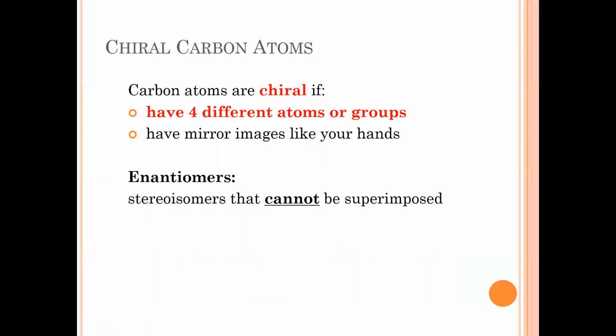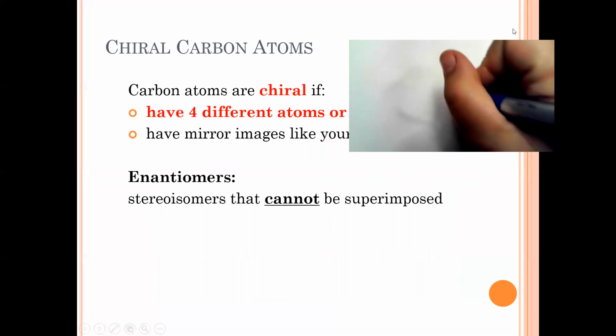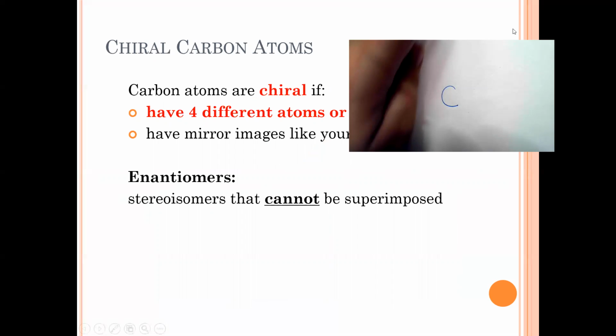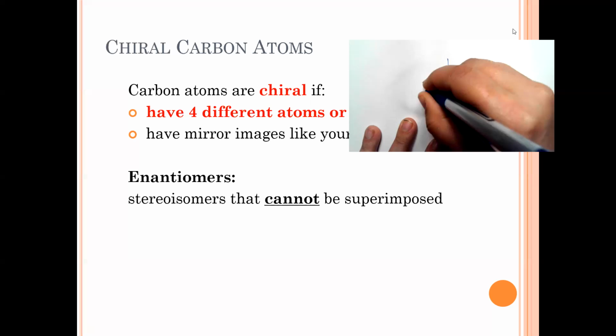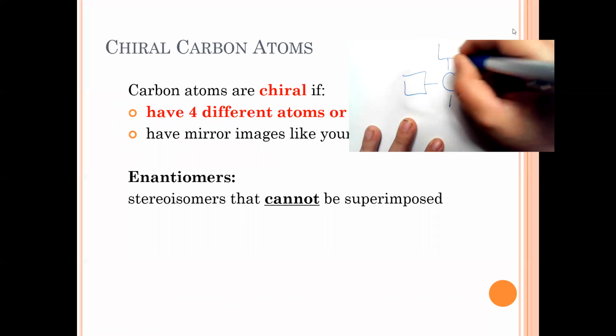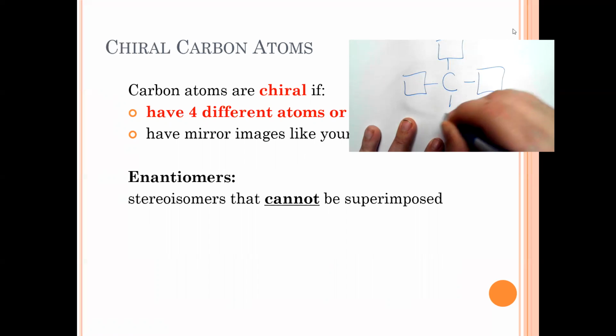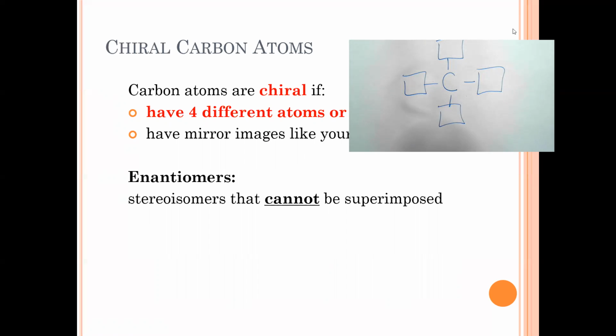So what it means to be chiral is actually really simple. Chiral just means that you have a carbon with 4 different atoms or groups attached to it. So if we look at that carbon in the center, here's my carbon. I'm going to draw them right here. To be chiral just means that you have 4 different things. These groups that are attached here have to be different.